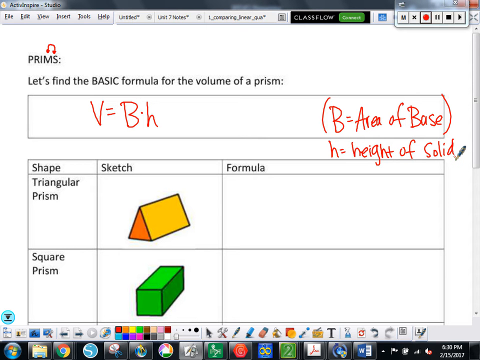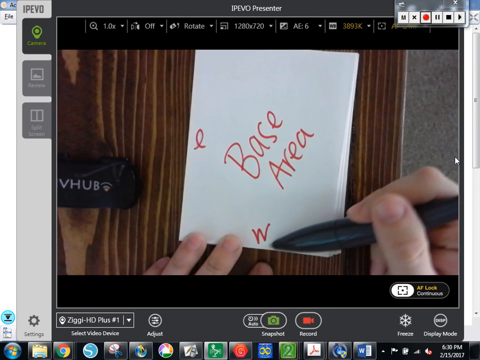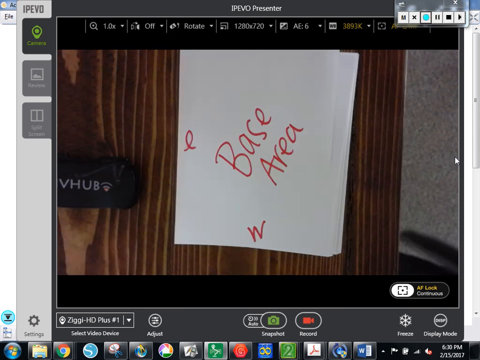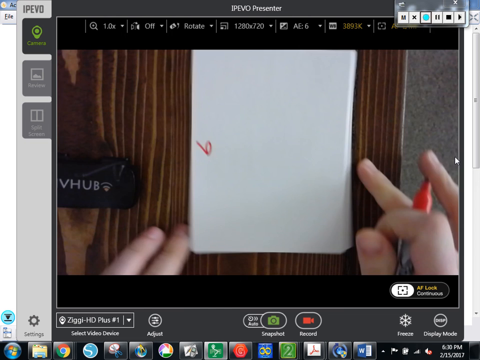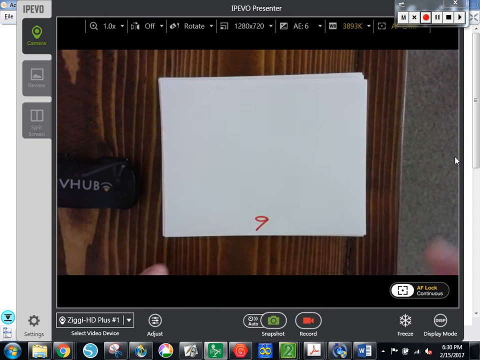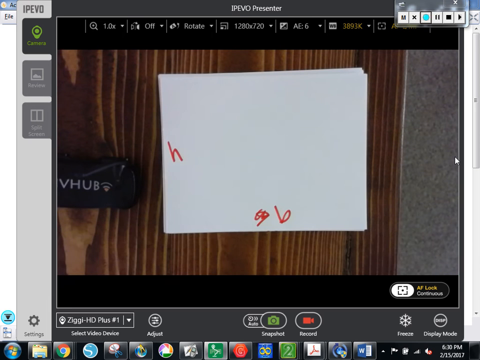Now notice, when I was dealing with this rectangle right here, I didn't use h for either of those variables. Sometimes you see the area of a rectangle as base times height. I didn't call it base times height for two reasons.